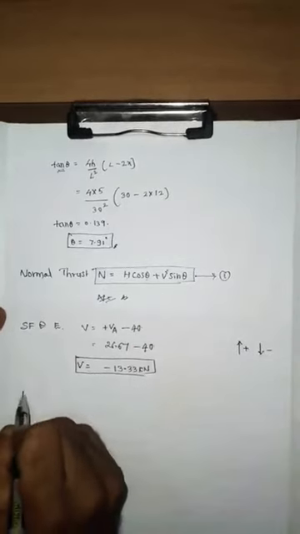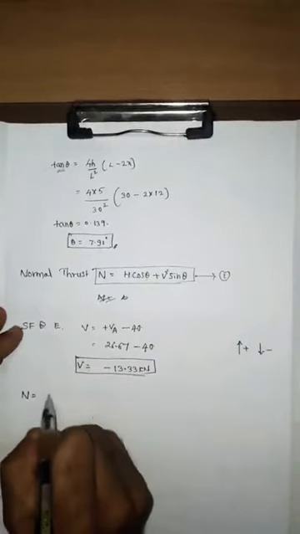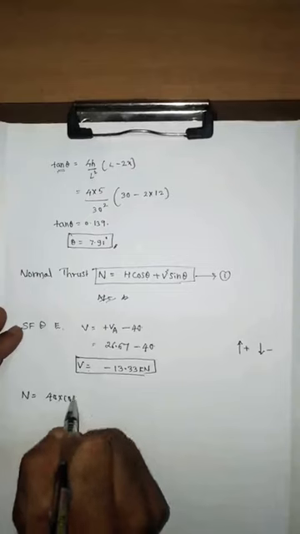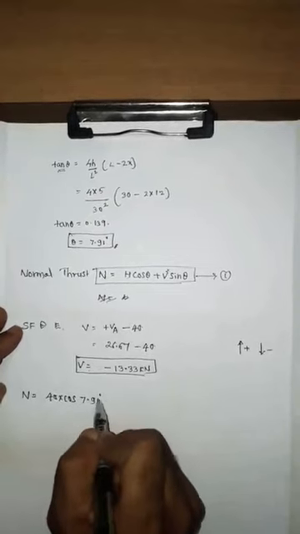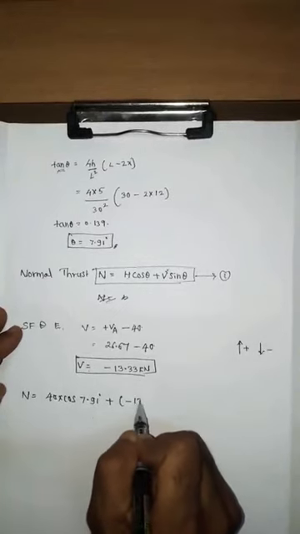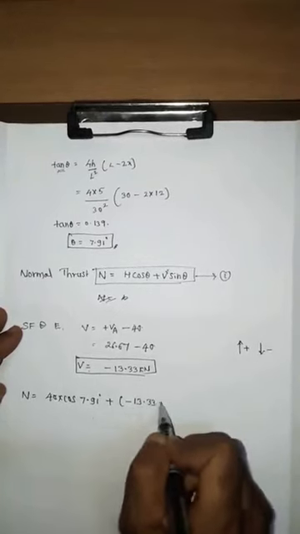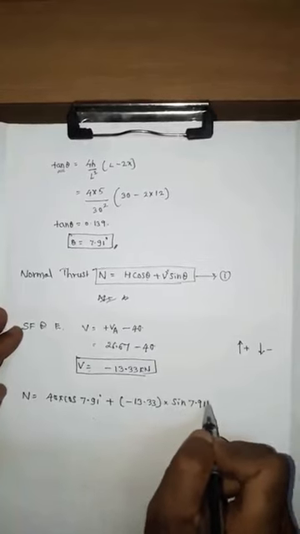So normal thrust N is equal to H, which is 40, into cos 7.91, plus V, which is minus 13.33, into sine 7.91.